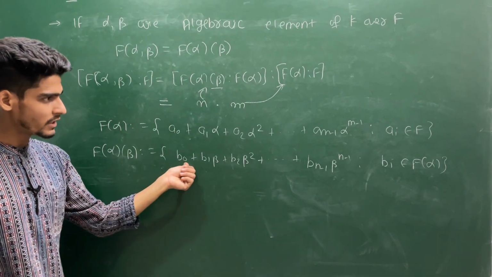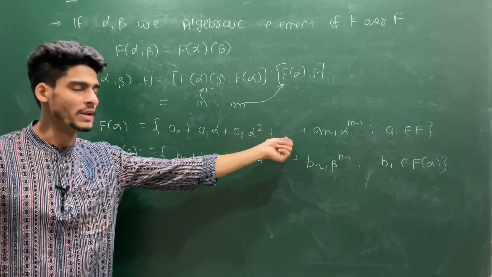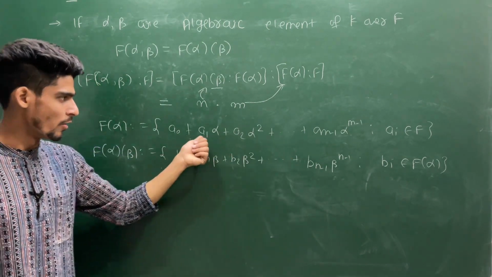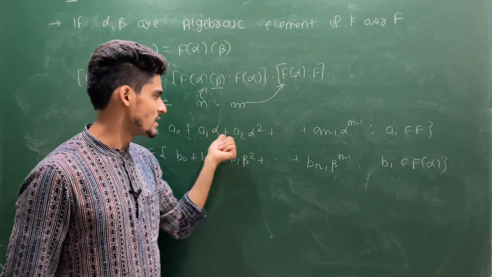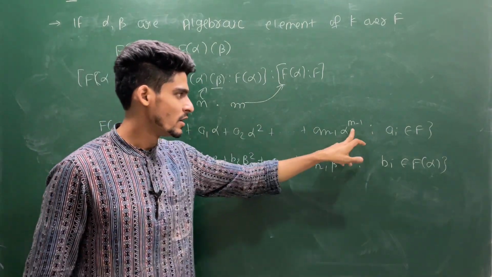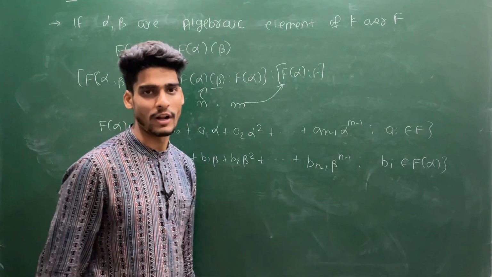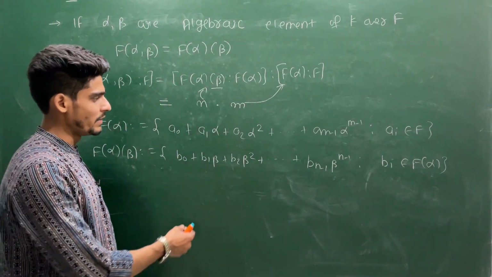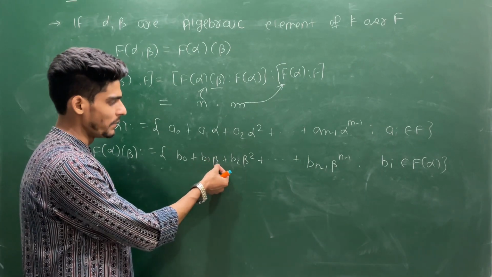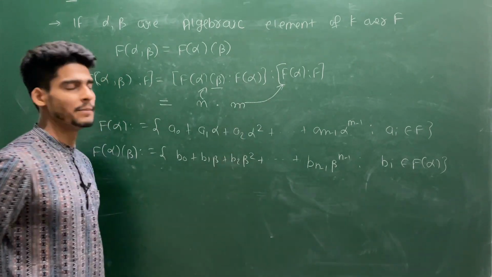So this b0 you can write as a combination of these, b1 as a combination of 1, alpha, up to alpha to the power m minus 1, and b(n minus 1) is a linear combination of 1, alpha, alpha squared, up to alpha to the power m minus 1 over F. That means each element here will be a combination of alpha to the power i and beta to the power j.